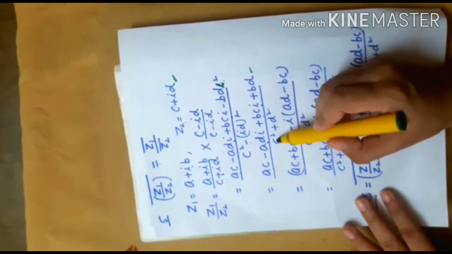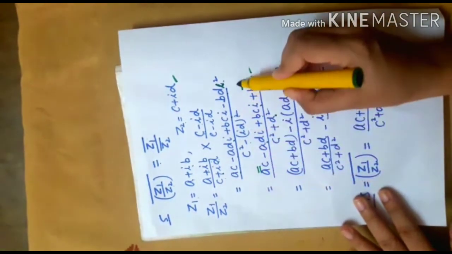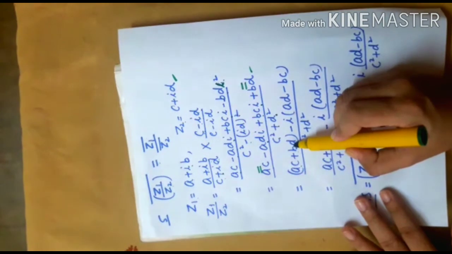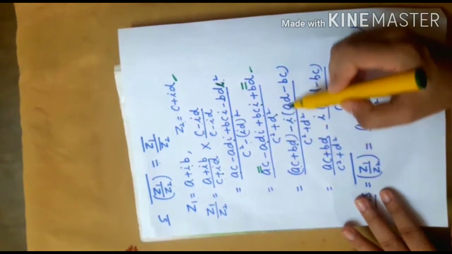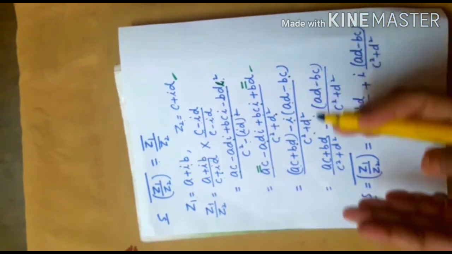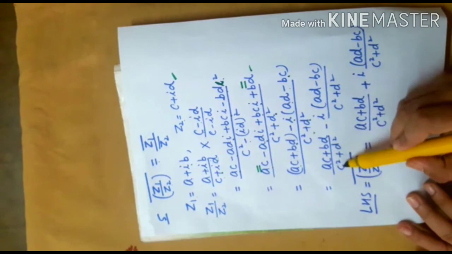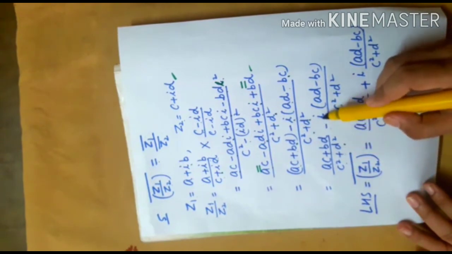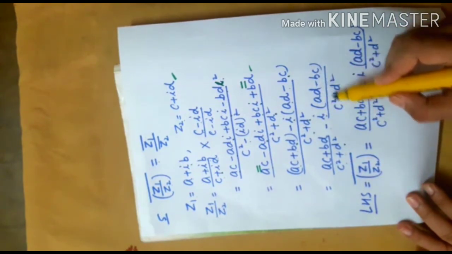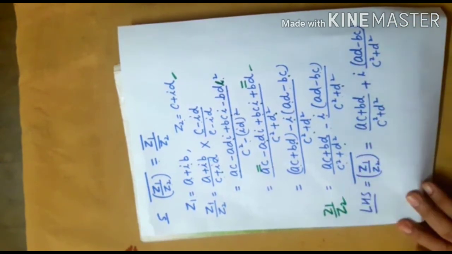And here also I'll get C square plus D square. Combine the real parts, I'll get AC plus BD and minus iota (AD minus BC) over C square plus D square. Separate the real and the imaginary parts. AC plus BD over C square plus D square minus iota (AD minus BC) over C square plus D square. This is Z1 over Z2.